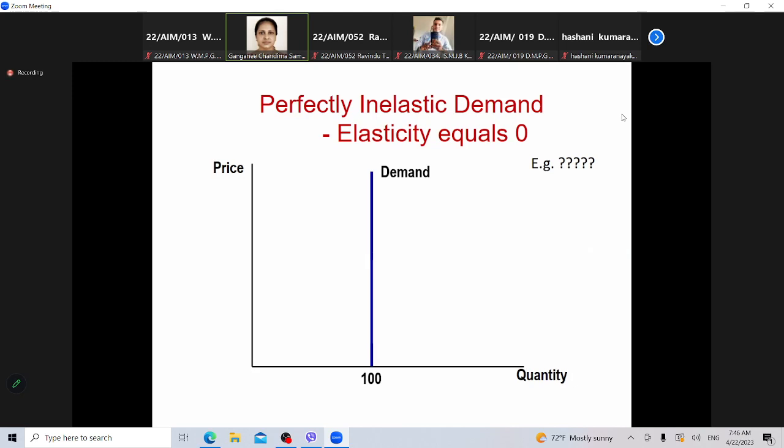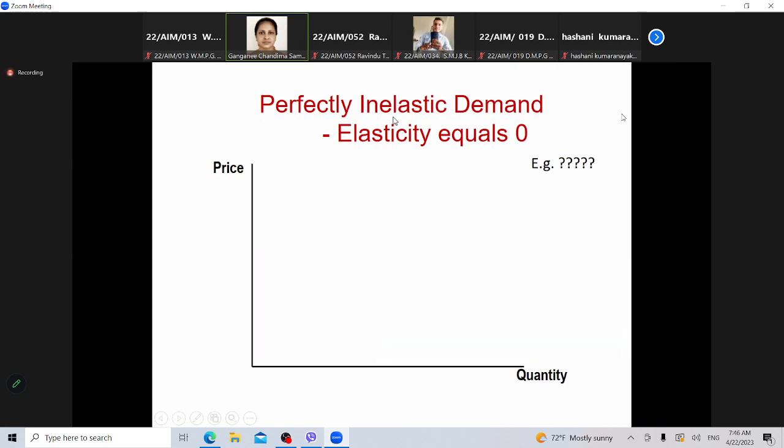But price changes from here, maybe 0 rupees, to here, maybe 100 rupees. So only price changes, but quantity will not change. In that case, it is perfectly inelastic. This is important for your assignment. Even some students have already sent me theirs, but others can understand how it is perfectly inelastic.